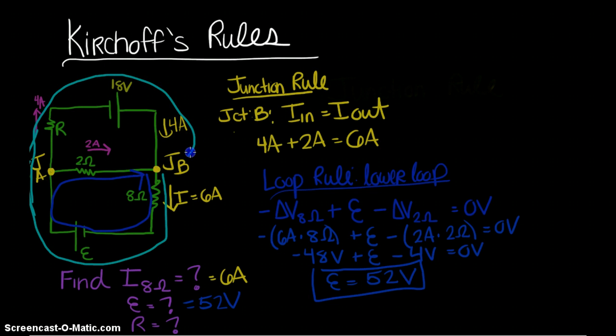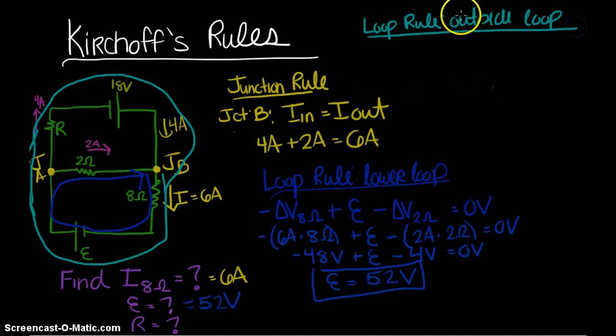outside and come back. So let's apply the loop rule for the outside loop. And again, I just want to think about anything that will cause the electric potential to change. And again, you may start from anywhere in the circuit. I'll start here at junction B. I'm going to have a loss of electric potential across the 8 ohm resistor.